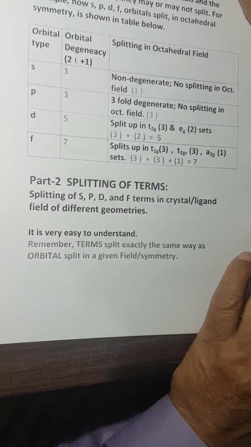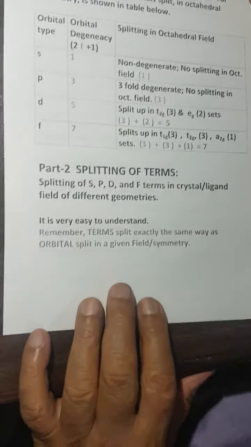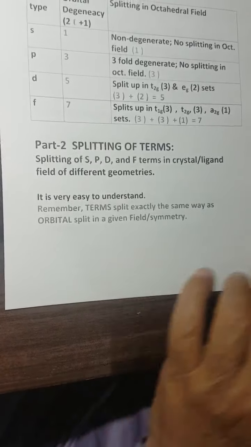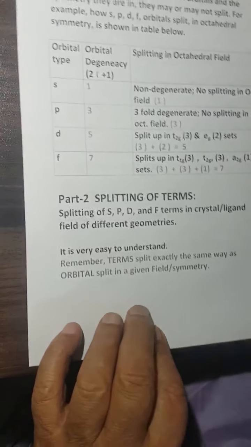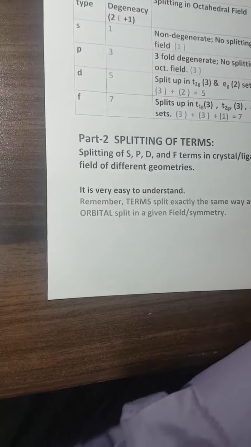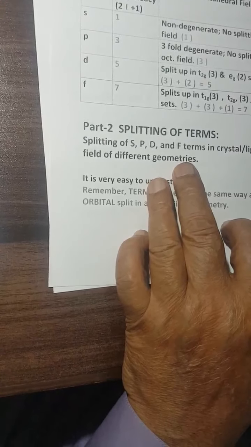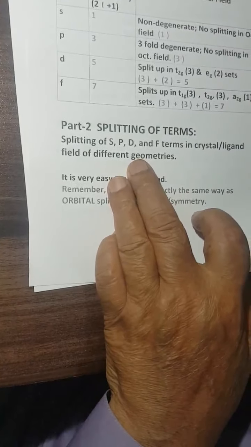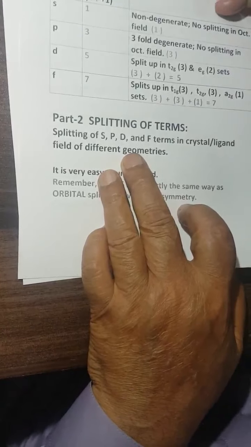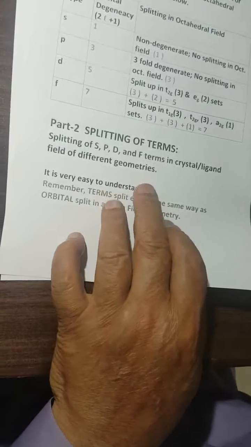Part 2 is splitting of terms. Don't get scared. You have learned about the S, P, D and F terms in my lectures before. How do they split in different geometries? We learned how orbitals split up, but how do terms split?